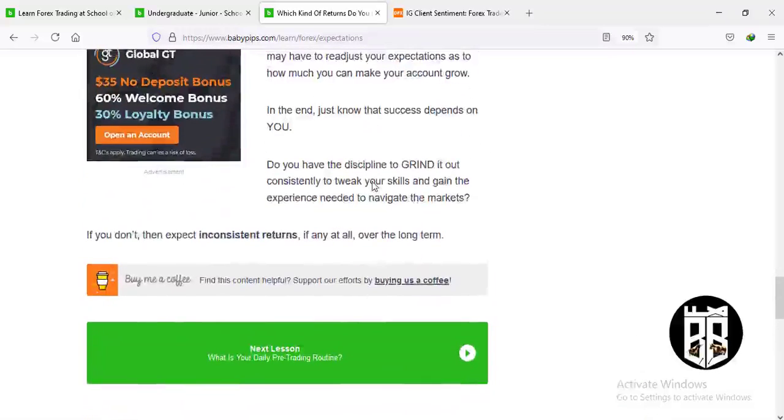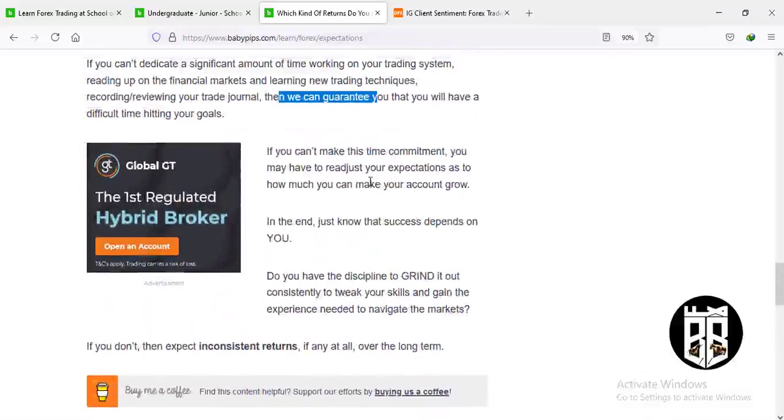Okay, so do that. Remember that you have to be committed. If you can't make commitments, you may have to readjust your expectations as to how much you can make your account grow.